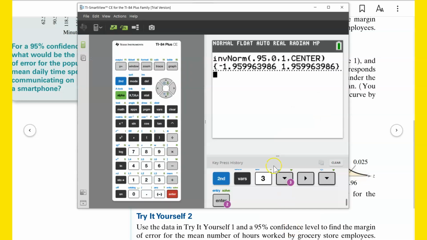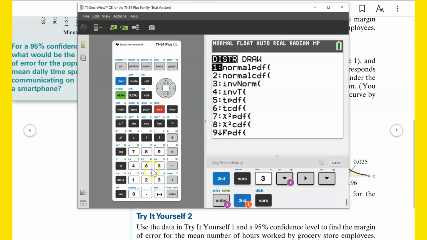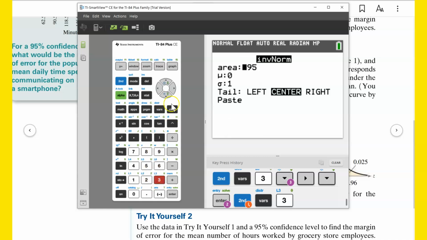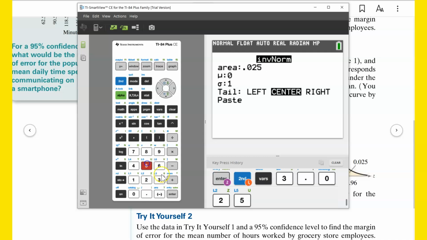So you could do it this way. You go second distribution, inverse normal. The area wouldn't be 0.95, it would be 2.5%, or 0.025. Then the mu would still be 0, the sigma would still be 1, and we're doing a left tail.